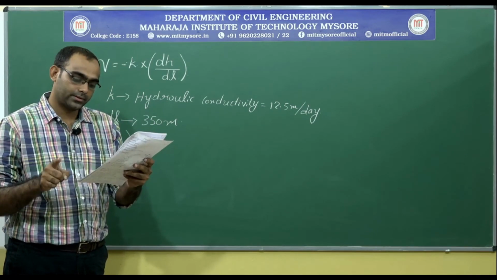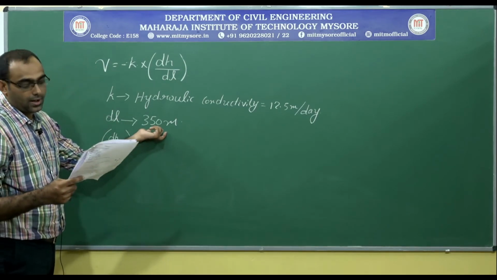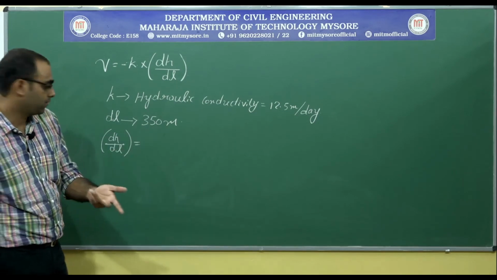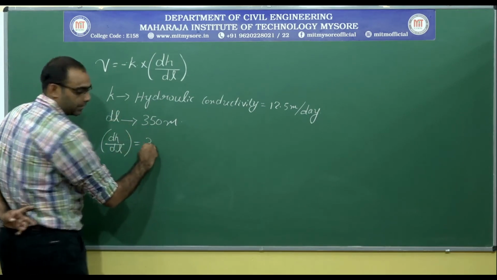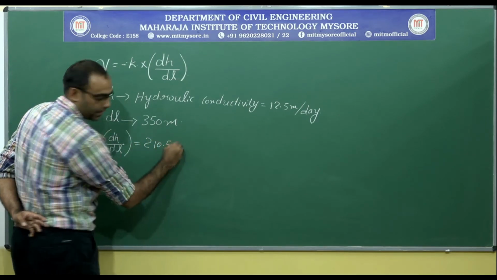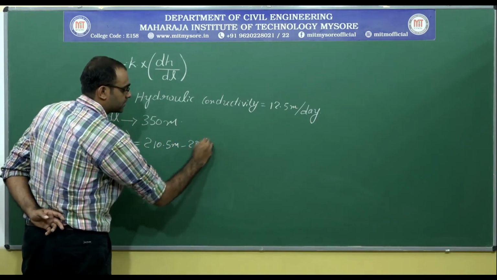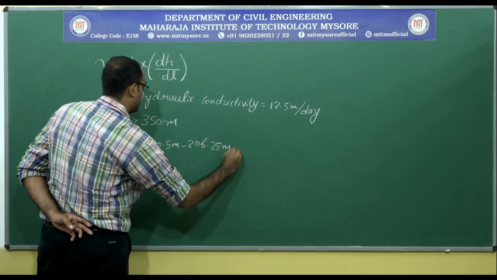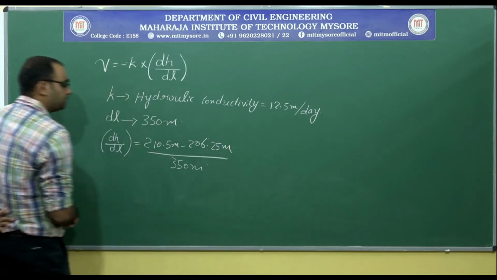The water table levels in two observation wells 350 meter apart are 210.5 meter and 206.25 meter. What we should do to calculate the dH? We have to take the difference in water levels, that is 210.5 meter minus 206.25 meters. What is the value of dl? They have given it as 350 meters.